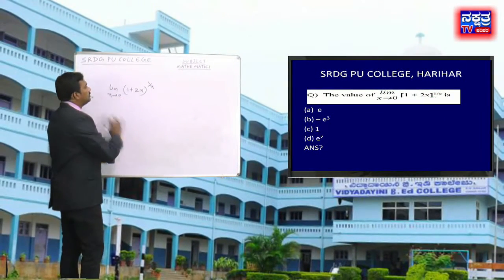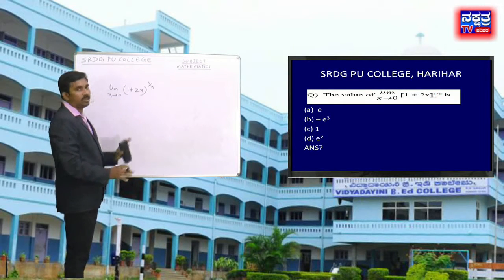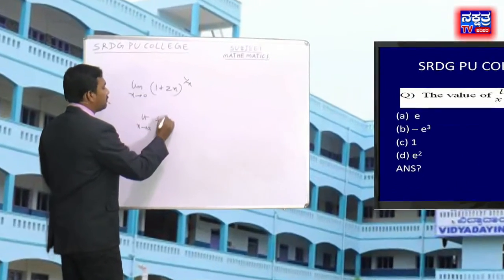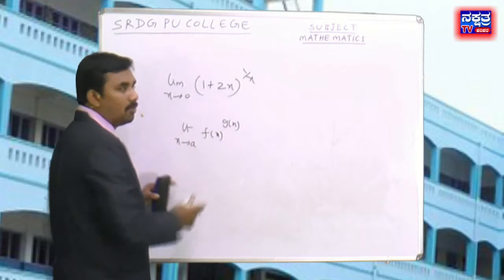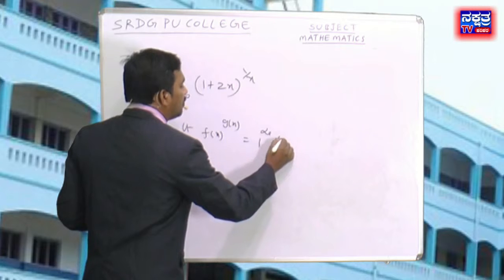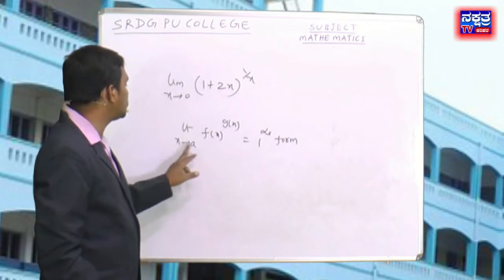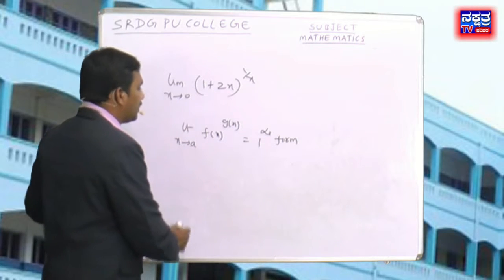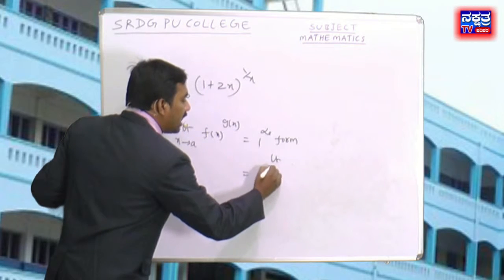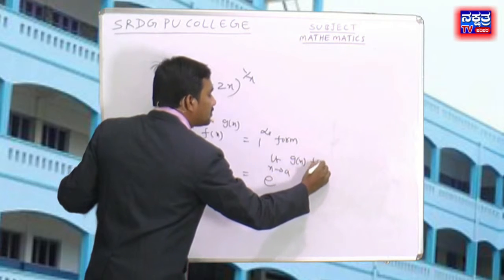Students, here this is the model f of x power g of x. Limit x tends to a, f of x power g of x. If we have the 1 power infinity form after applying x tends to a, then we take this function equal to e power limit x tends to a, g of x into (f of x minus 1).